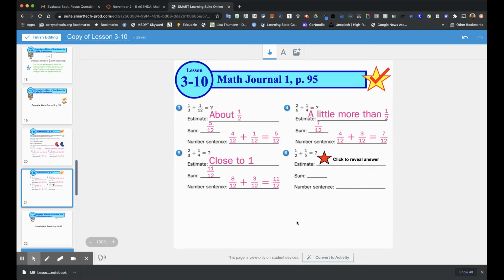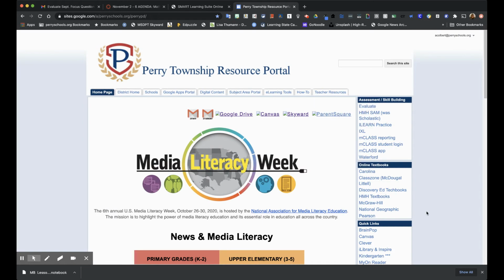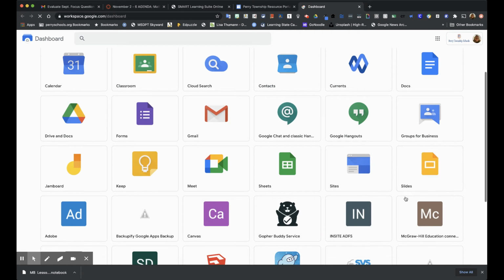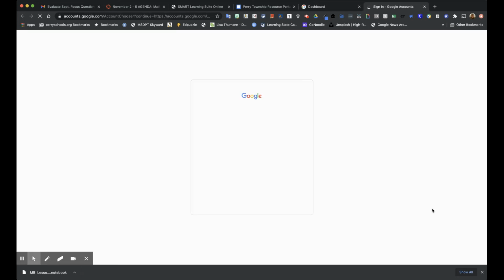I saved number 6 because I want to demonstrate this one on the Everyday Math website using the fraction circle pieces. So we will go to the Perry Township resource. Remember, you'll click on McGraw-Hill. Hopefully you remembered how to do this, and this is just a refresher for you.